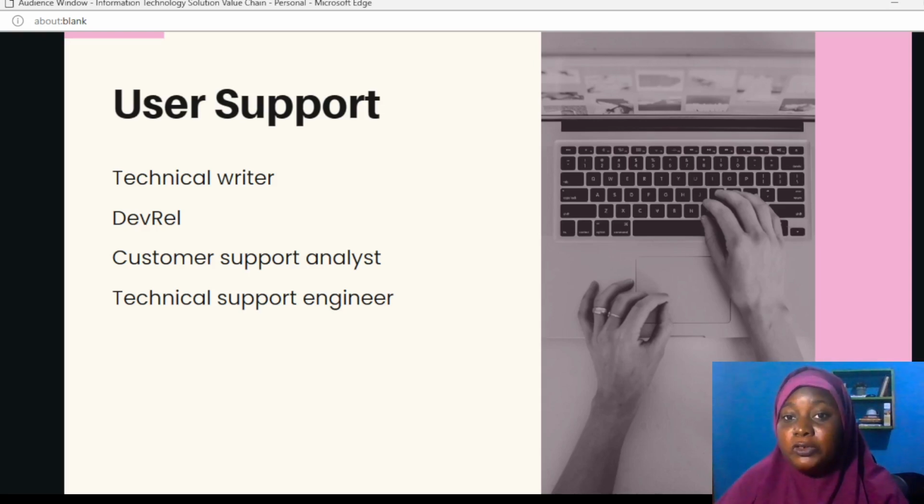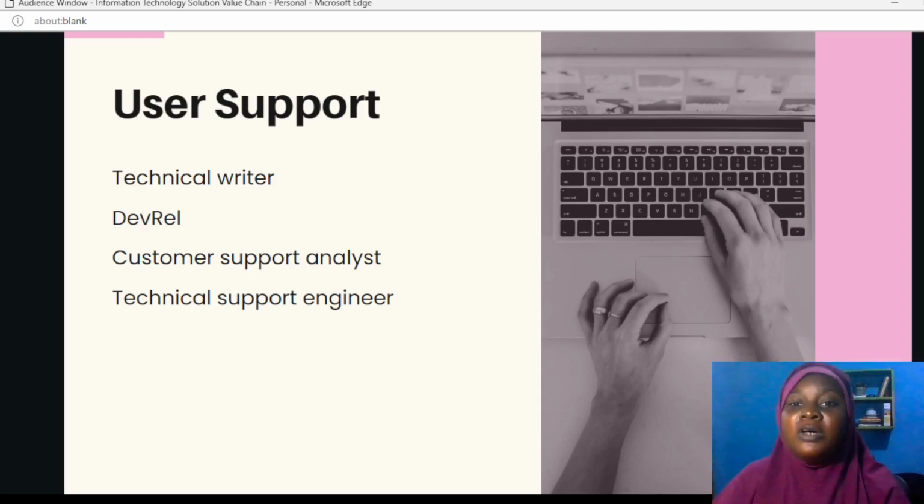Then that means that Microsoft needs DevRel roles, people that explain these tools to developers, make videos, and sometimes even make videos for the end users, how to use Teams. This is how you use your Visual Studio Code. This is how to program in C#. This is how to use these things. This is how to develop. This is how to use this tool. So DevRel, technical writing, sometimes they come together, bleed into each other.